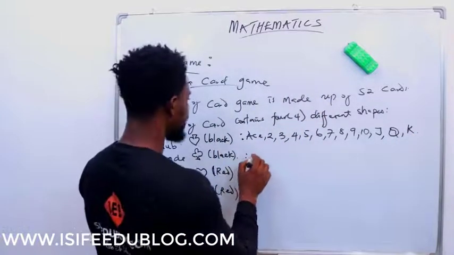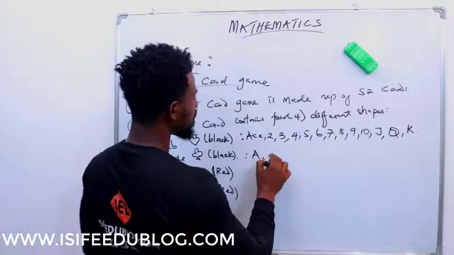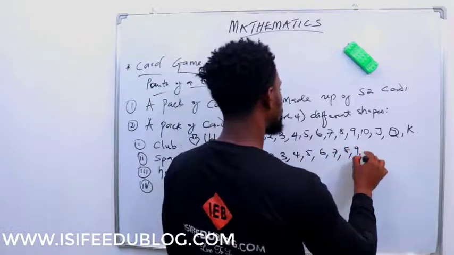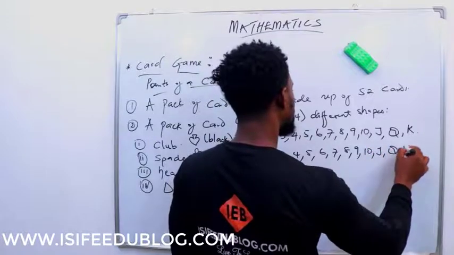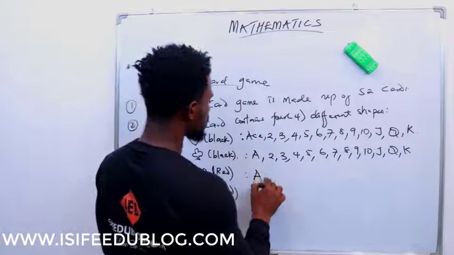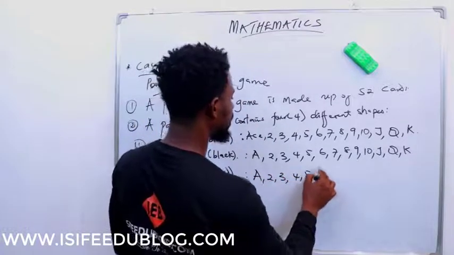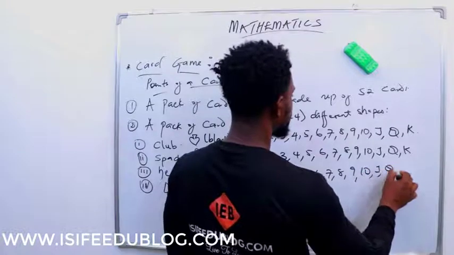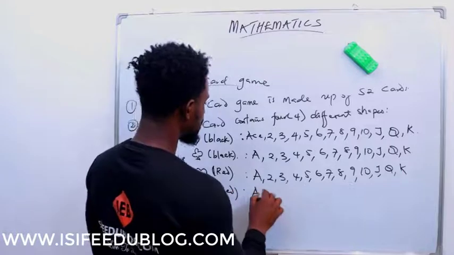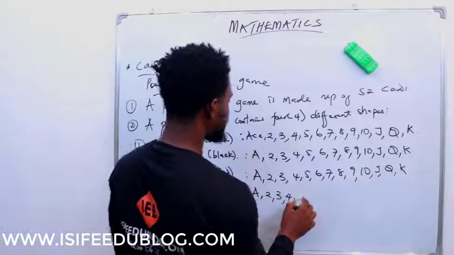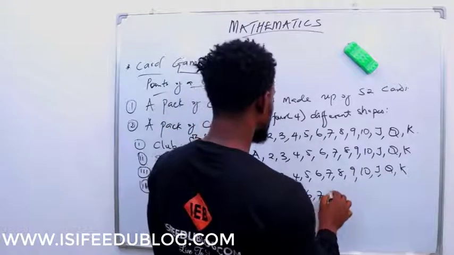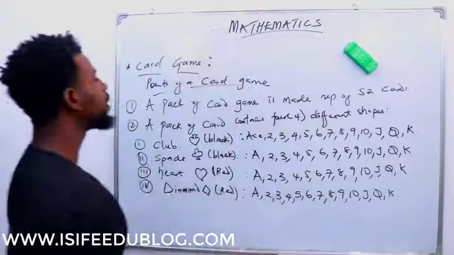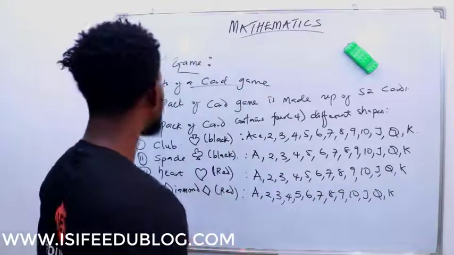So for every shape, it contains an ace, 2, 3, 4, 5, 6, 7, 8, 9, 10, J, Q, K. Okay? So this is what a card game is made up of.